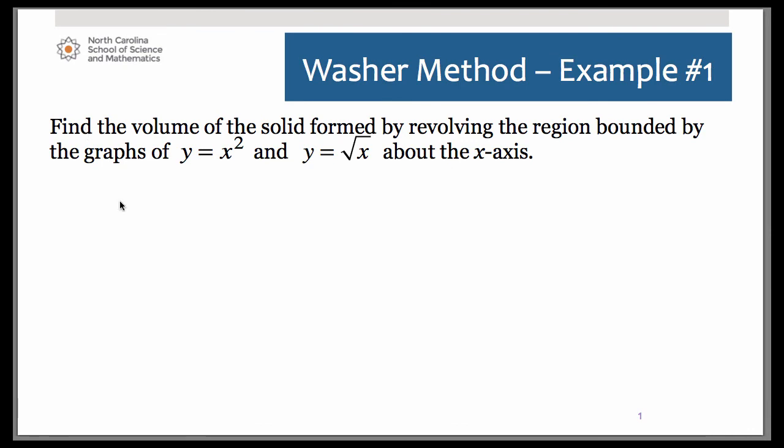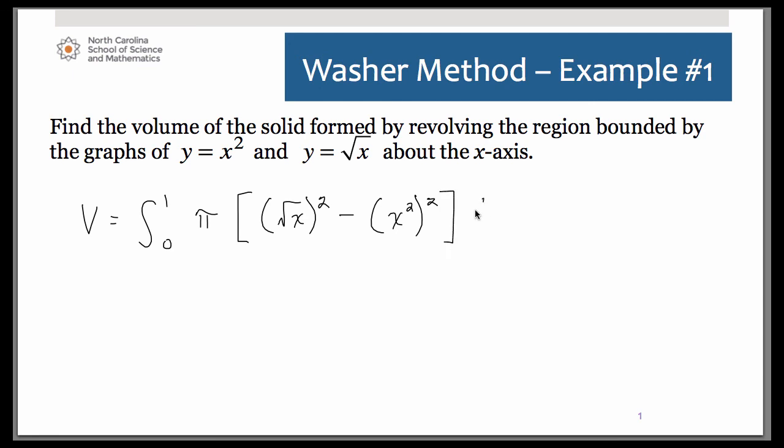Our volume then is going to be the integral from 0 to 1 of pi times big R squared, where big R was the square root of x, and we need to square that. Of course, that becomes simply x once you simplify it, minus little r squared, which of course becomes x to the fourth.